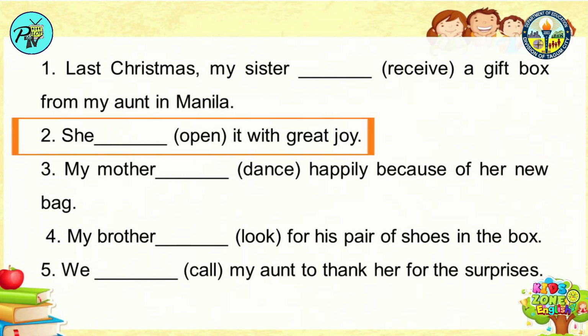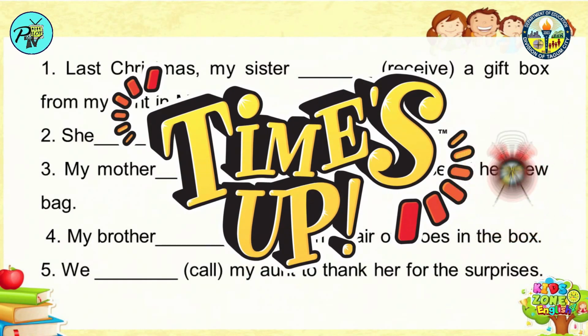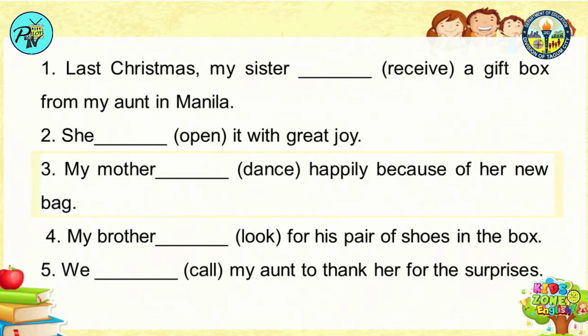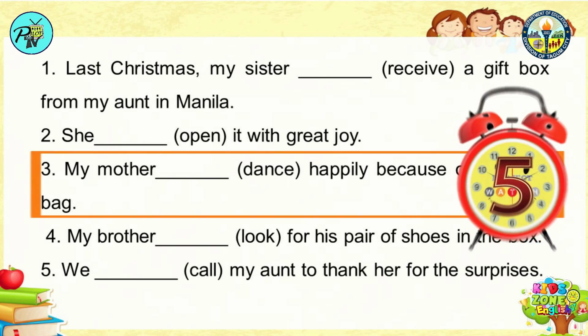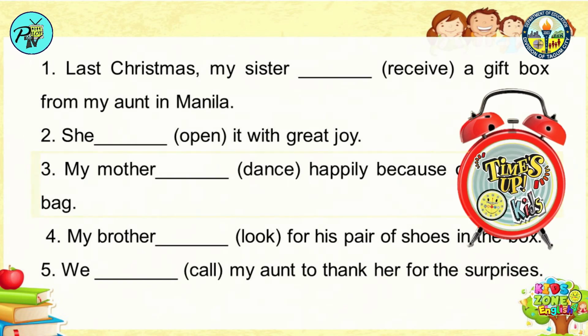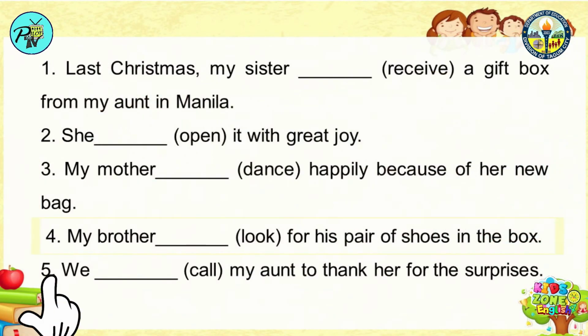She blank opened it with great joy. Time is up. Number 3. My mother blank danced happily because of her new bag. Time is up. Let's proceed to number 4.